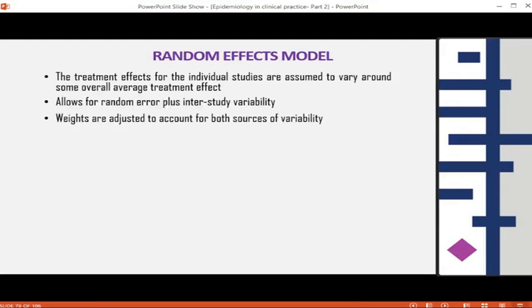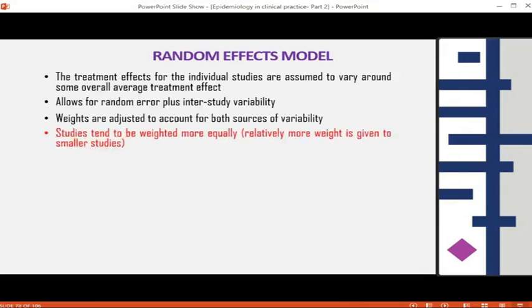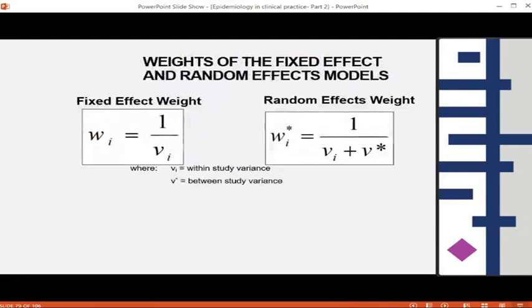So then the weights given are quite different, and I'll explain why the weights are different in a random effects model. When you give more equal weights, you find that the confidence interval becomes wider. So if you look at the left, the fixed effect weight is the inverse of the variance within the study.